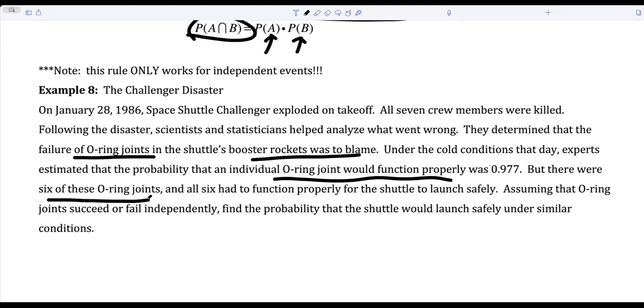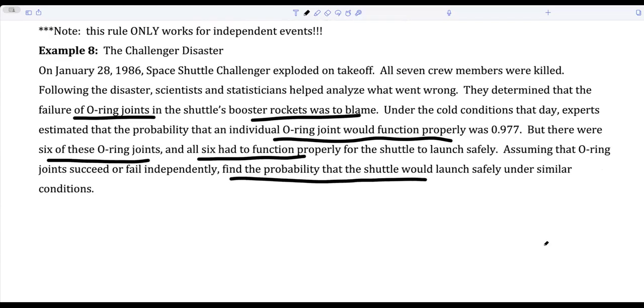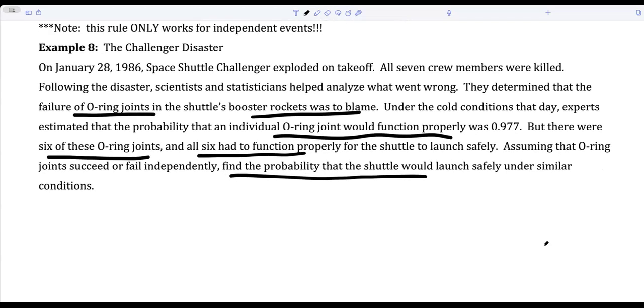But there were 6 of these, and all 6 had to function properly for the shuttle to launch safely. Assuming that O-ring joints succeed or fail independently, we'll find the probability that the shuttle would launch safely under similar conditions. If they are independent, then we multiply the probabilities together.